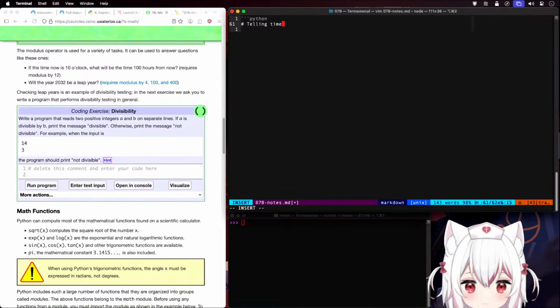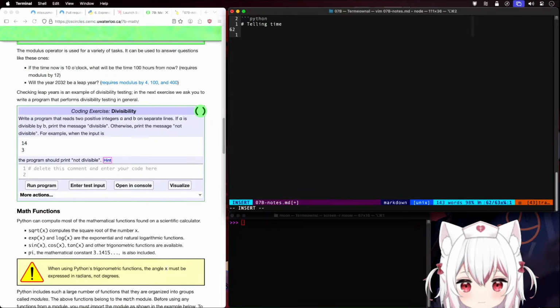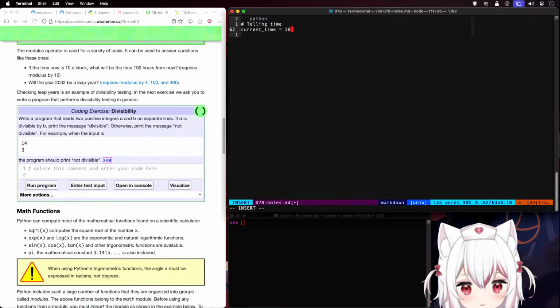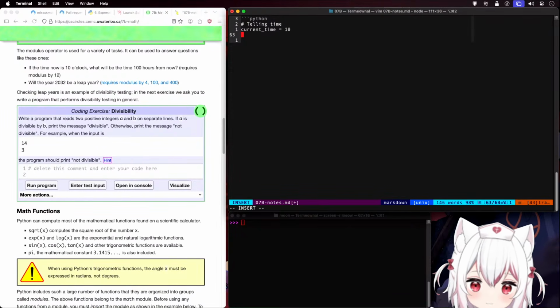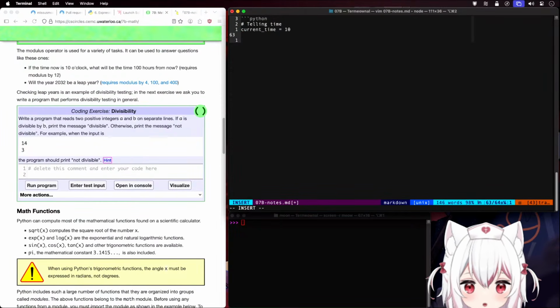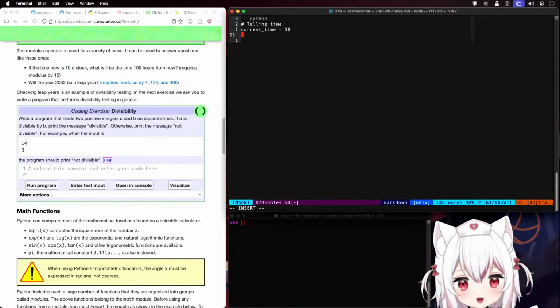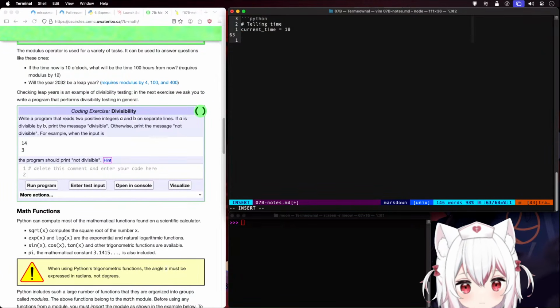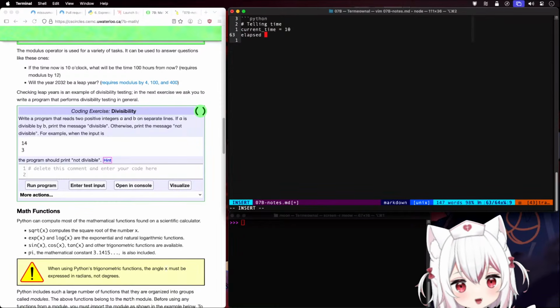Telling time. Current time is 10. Requires modulus by 12. Then elapsed.